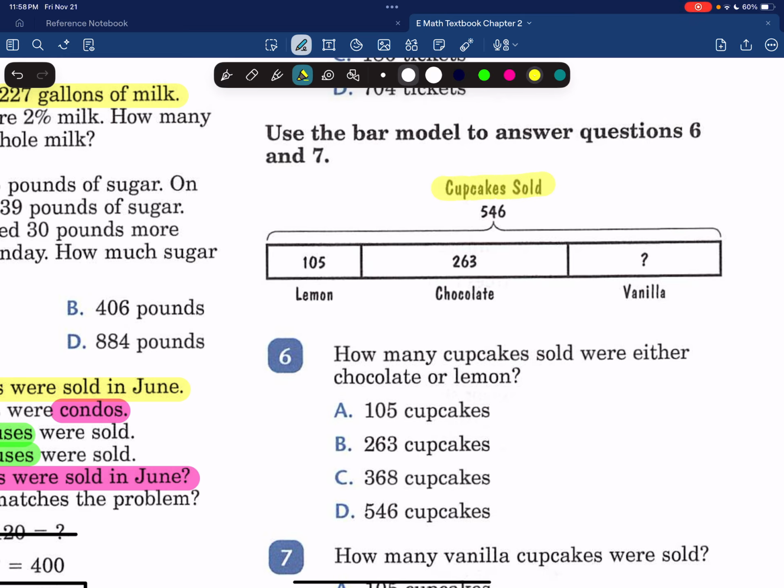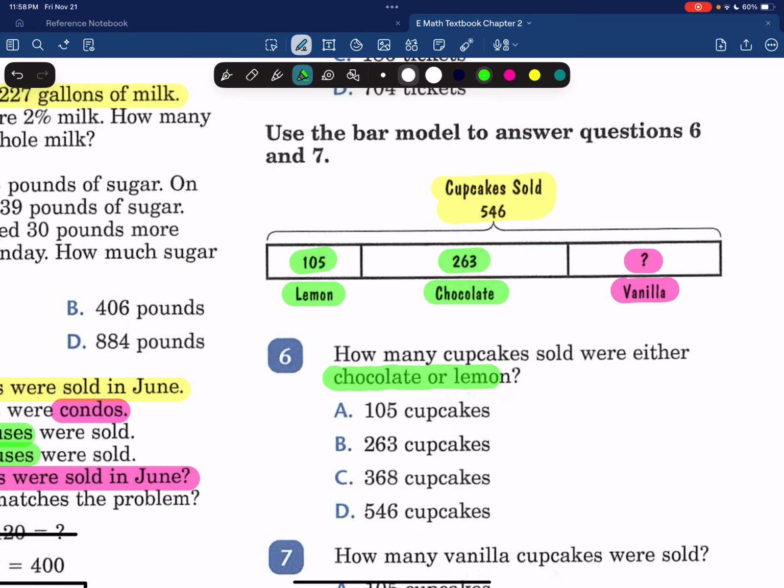We know that there were a total of 546 cupcakes sold, that 105 were lemon, 263 were chocolate, and the vanilla were unknown at this point. This is my kind of problem. How many cupcakes sold were either chocolate or lemon?